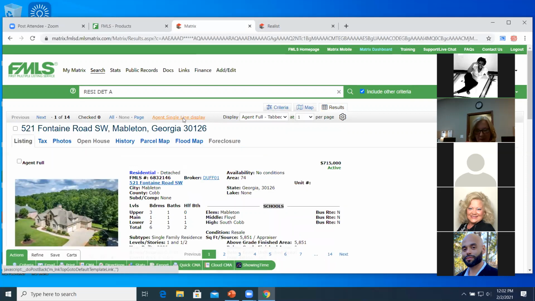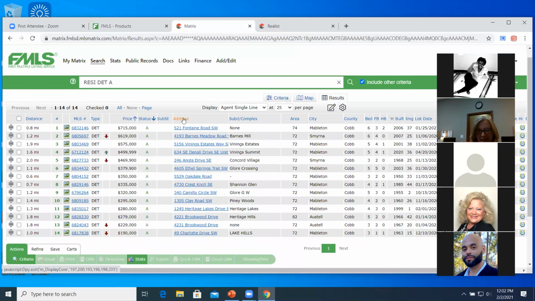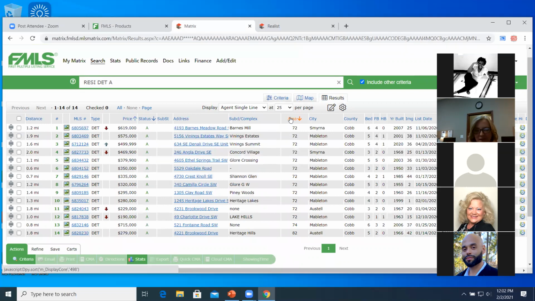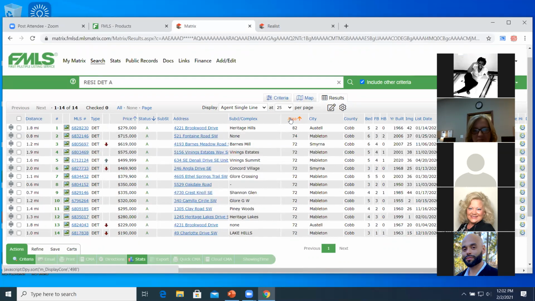There's 14 properties. And I'm really kind of looking in Mableton is what I'm hoping to look for. So we know there's a 715,000. We're not comparable to that, right? Whoop, stop it. I was trying to get on this to change this. And again, so we can see all the Mableton properties that are for sale.